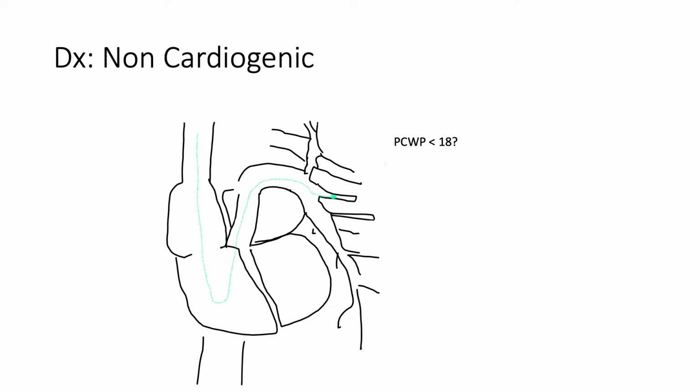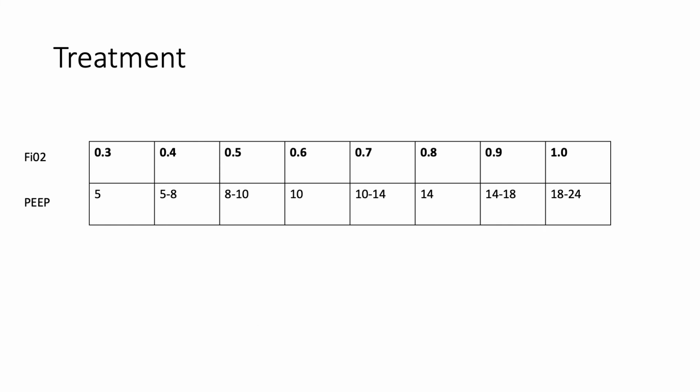So it's not always black or white which one you're dealing with. You can have different etiologies ultimately causing the pulmonary edema, and figuring out the cause will help you with your treatment. When we talk about treatment, it's going to depend on the underlying cause of the pulmonary edema. The biggest thing is treating the underlying cause to cause less pulmonary edema.